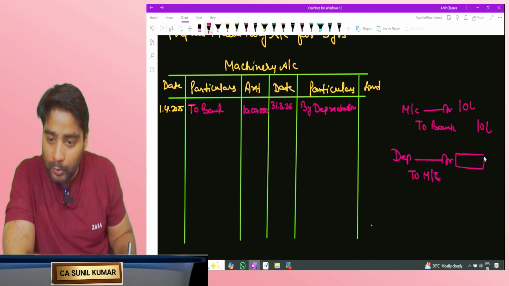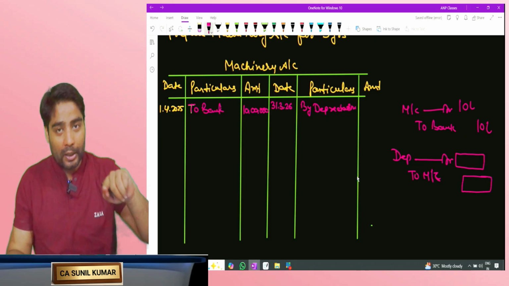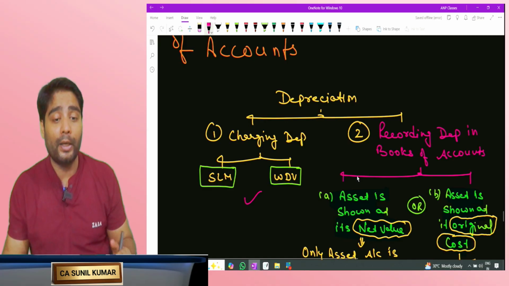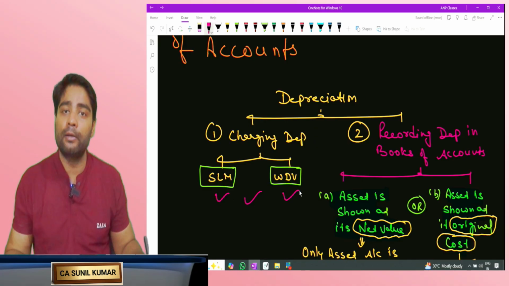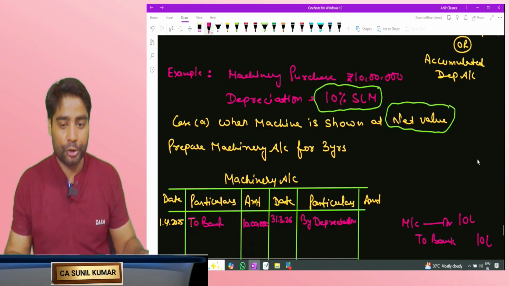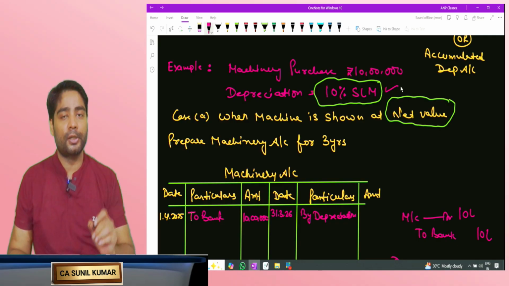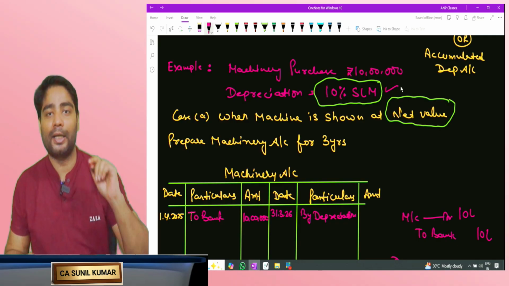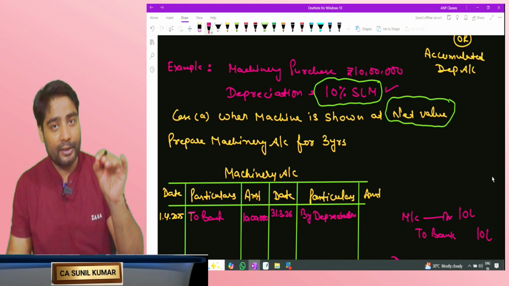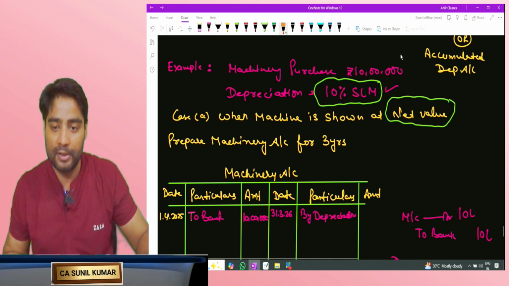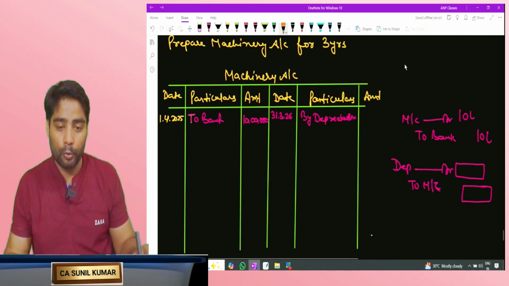Now we have to calculate the depreciation. For charging depreciation, we have two methods, straight line method and WDV method. In this example, what is the method of calculating depreciation? Sir, it is 10% straight line method. And in straight line method, depreciation is charged on the original cost.